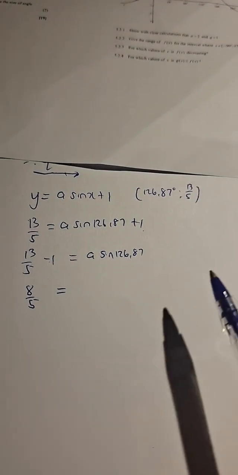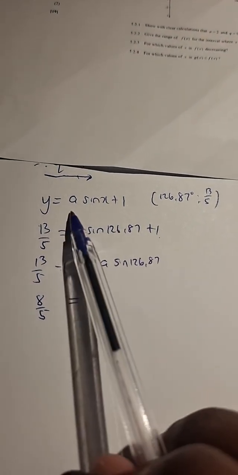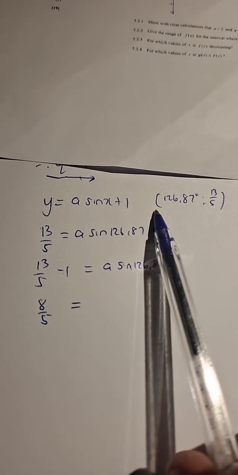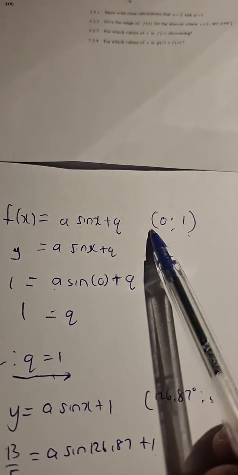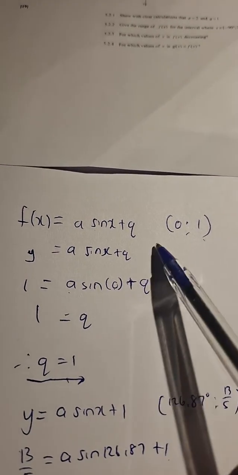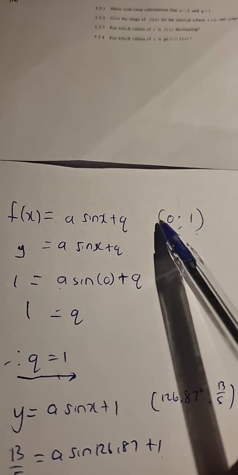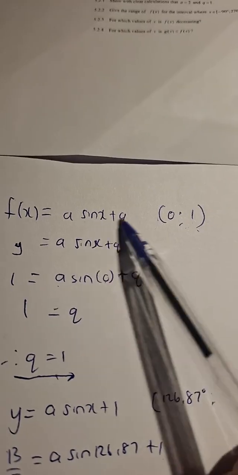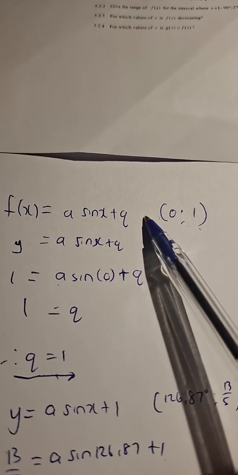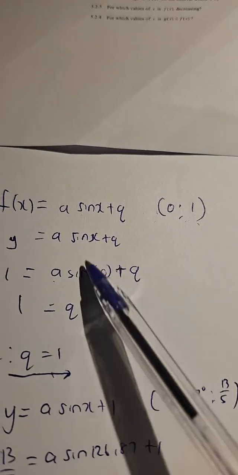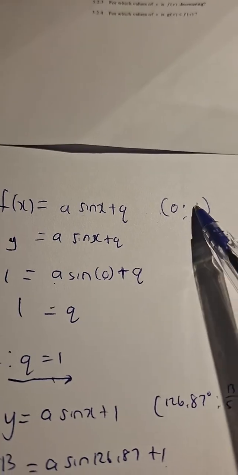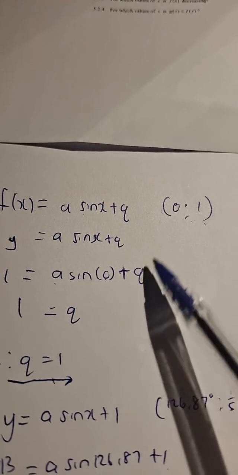You are going too fast. You see, the thing is, at this point, unless you still have a problem even here. Remember, 0 and 1 is a point that lies on the function. So if it's a point that lies on the function, it means I can substitute it into the function and then see what variable I can attain.